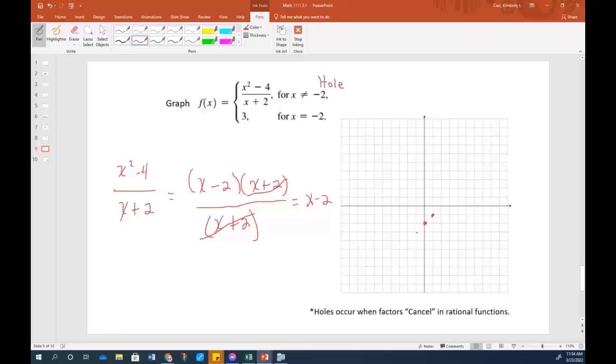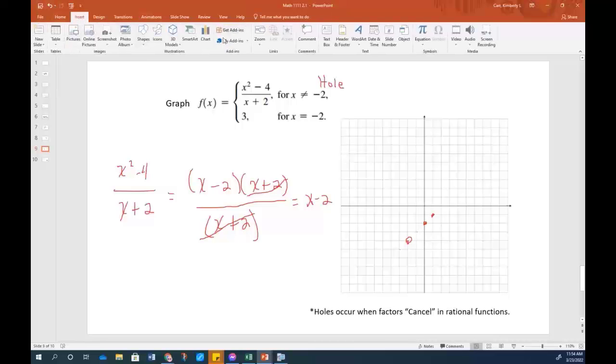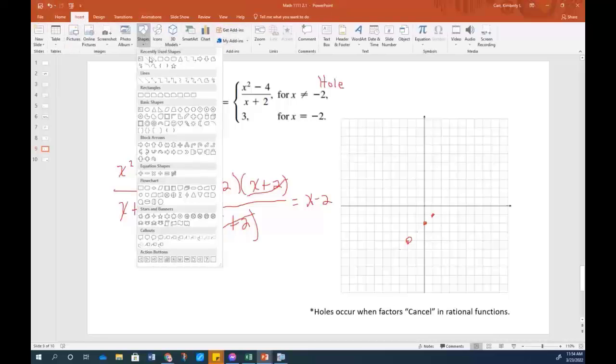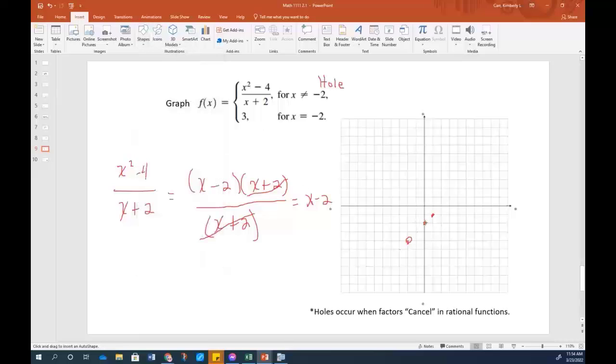But what's going to happen is I am dotting along and I'm graphing where that line's going to be. At -2 for x, that graph actually has a hole. Okay? So I'm not going to be able to put that one in. So when I go and I put in my shape, I get this one.